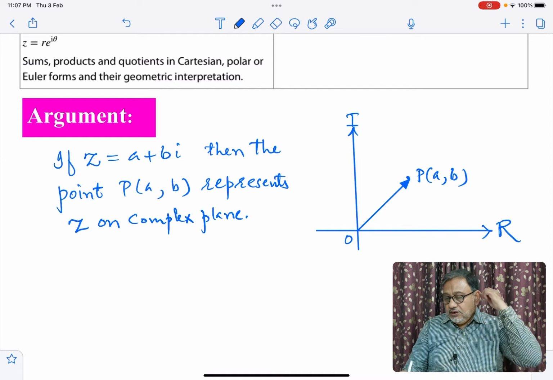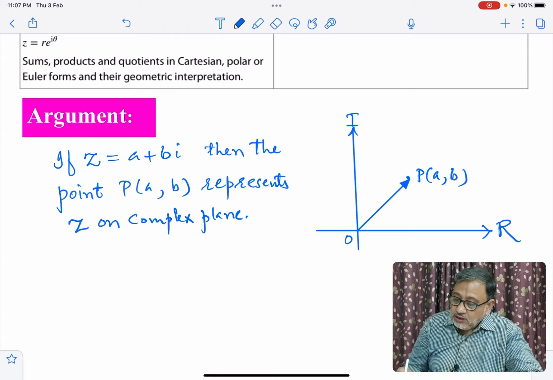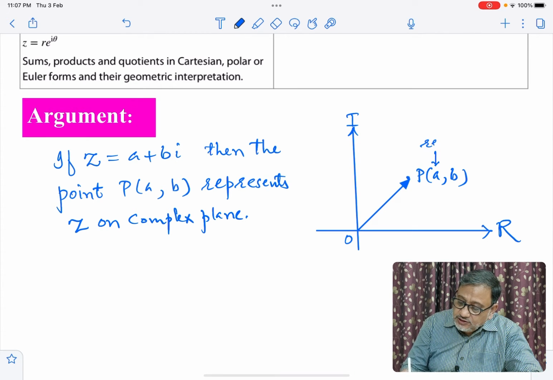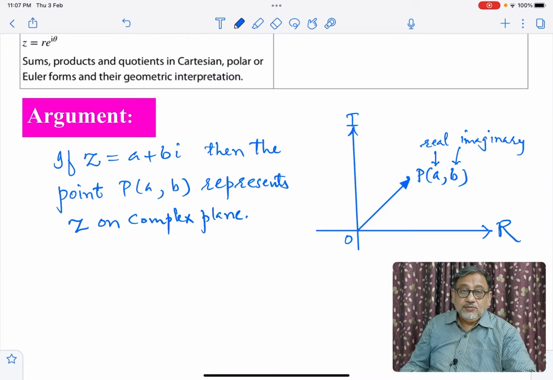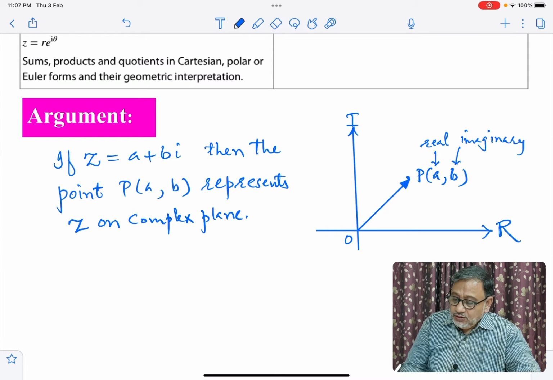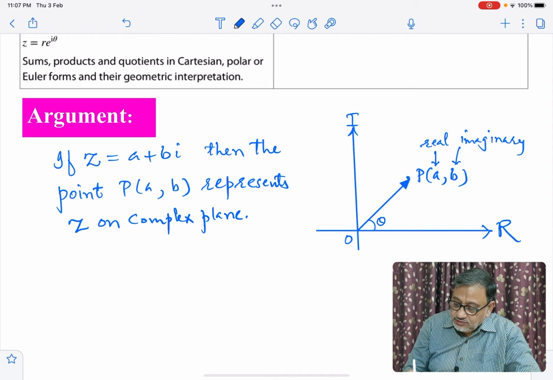Now in this point with coordinates a and b, a is the real part of the complex number z and b is the imaginary part. I hope you remember all this. Now look here, if we want to find the angle theta made with the real axis, what we will do is draw the perpendicular.